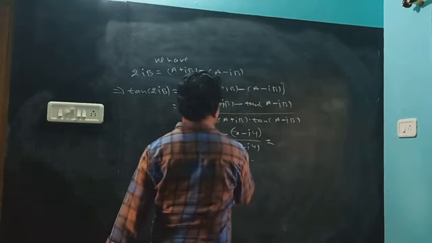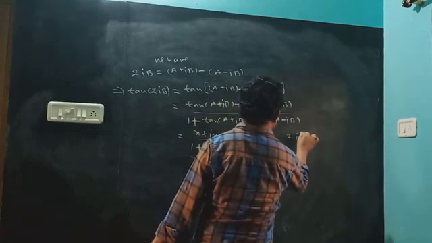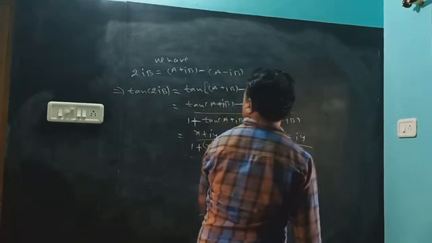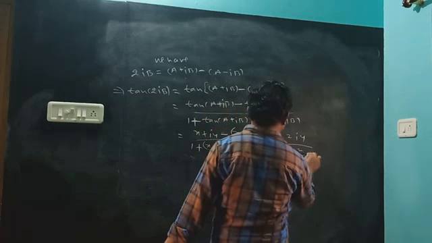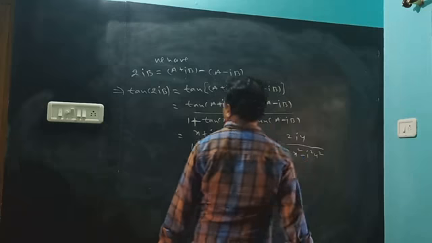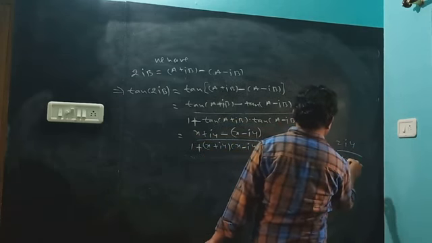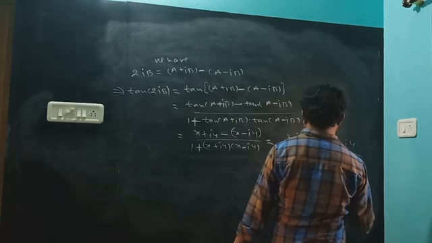Now what you see here: x is cancelled, iy plus iy, 2iy. Here x plus iy, x minus iy, x square minus i square y square, giving 1 plus x square plus y square.